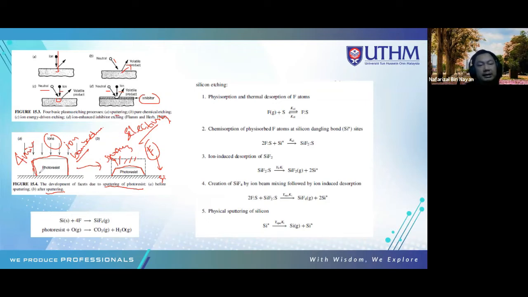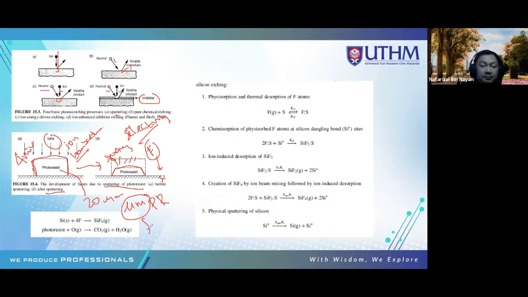Normally the photoresist is in the range of maybe 20 micrometers or thicker, so it's in the micrometer range. The short form we use for photoresist is PR.